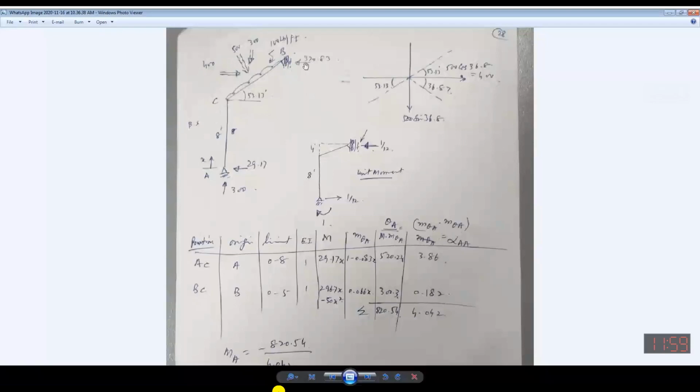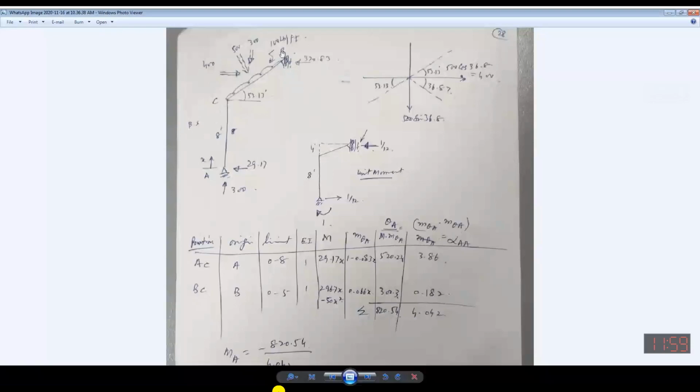Is there anything perpendicular to it? No, there is not. So 370 has to be resolved along the local axis and along the global axis. Then the part of the 370 acting in this direction, which is perpendicular to this one, will give you the moment.